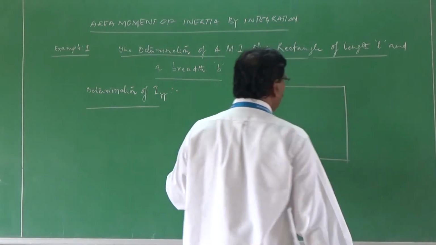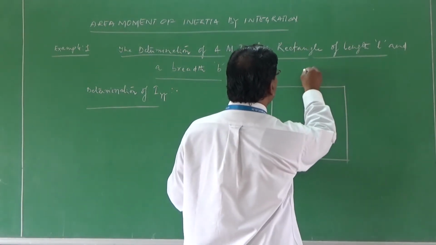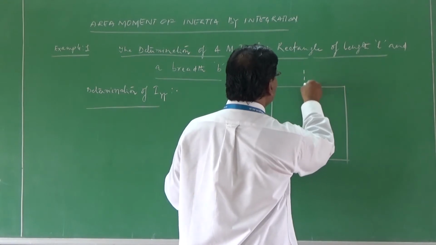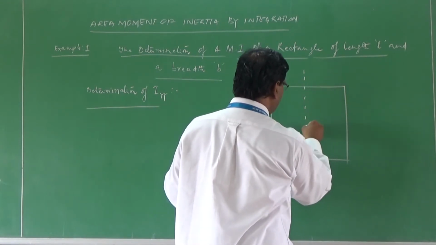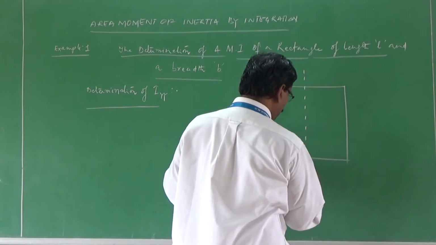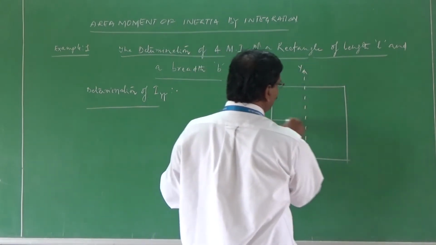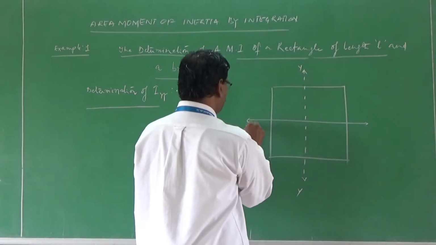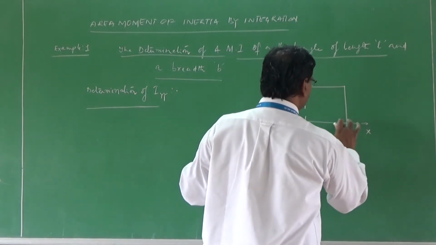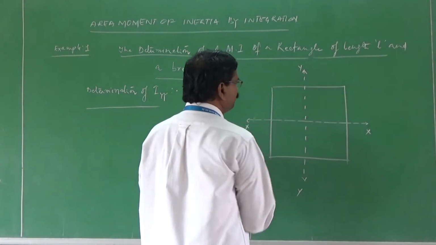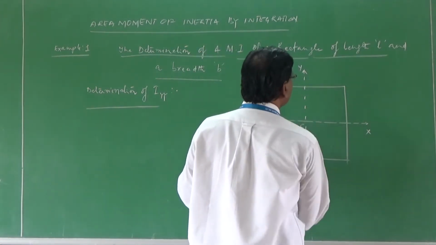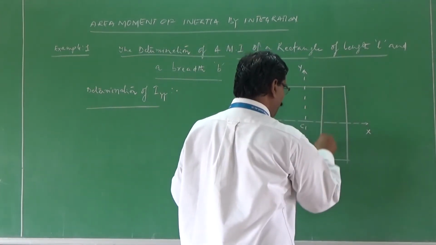This is a rectangle. Now, I would like to take the xx and yy axis like this. This is called yy axis. This is xx axis. This is the centroid.